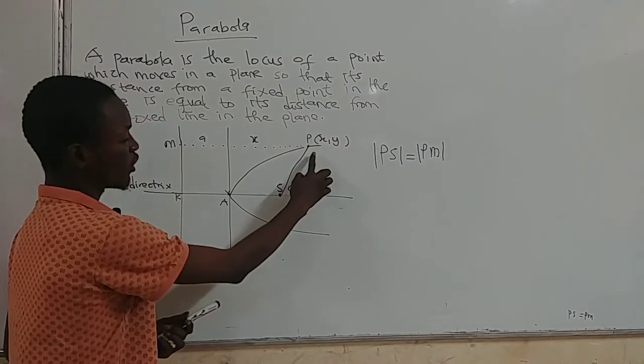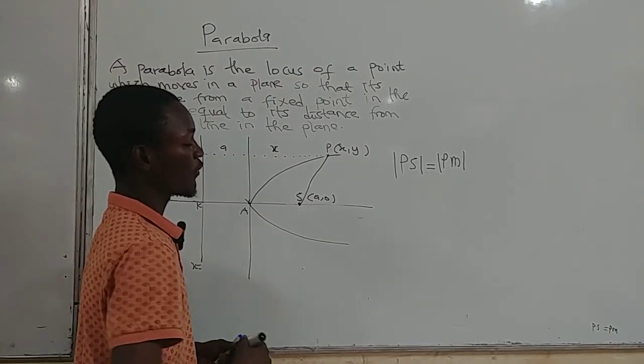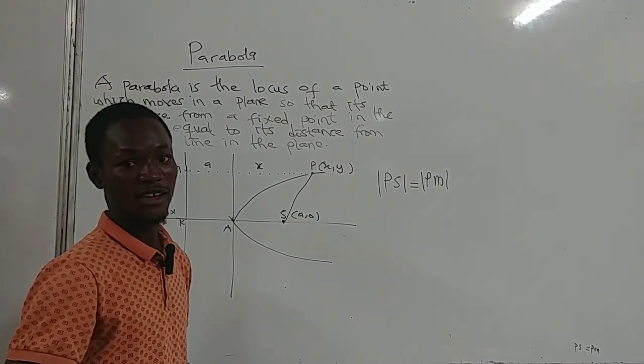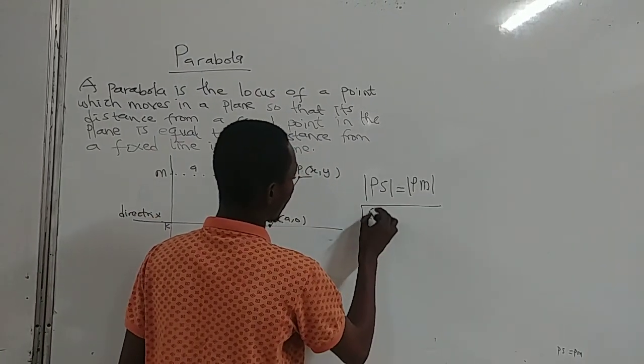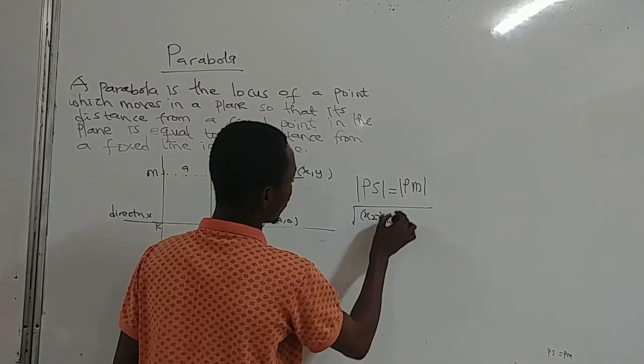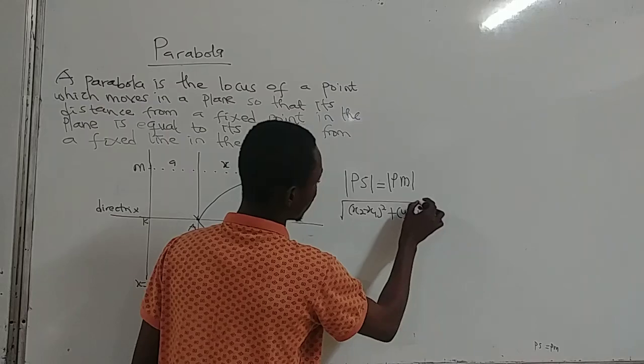Now, with the distance from point P to point M, you see that we have two different coordinates. So we are going to use the formula for finding the distance between two points: the square root of (x2 minus x1) squared plus (y2 minus y1) squared.